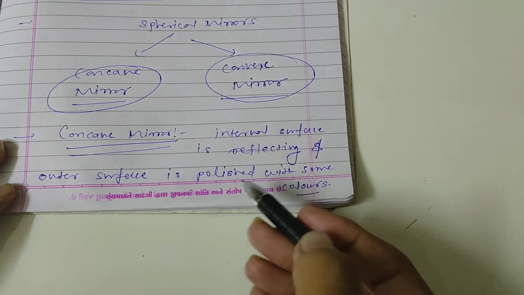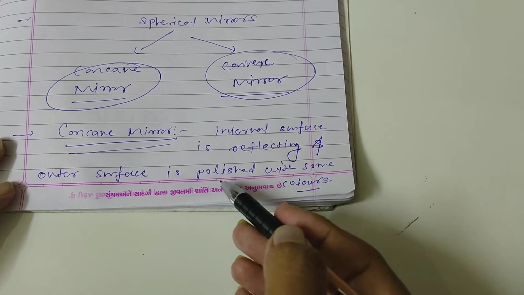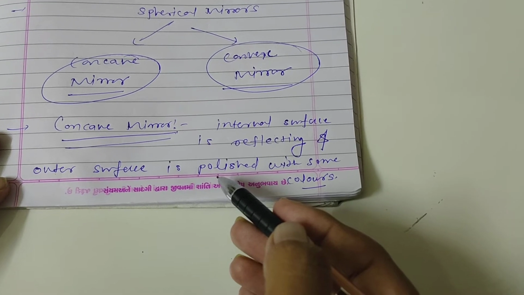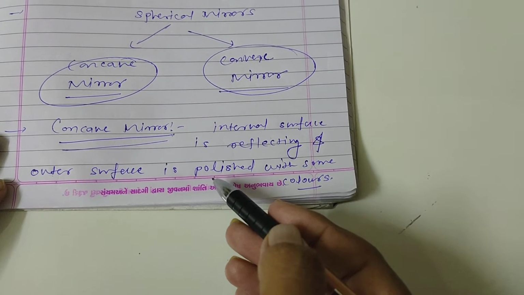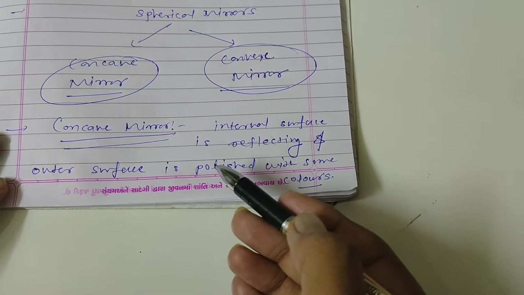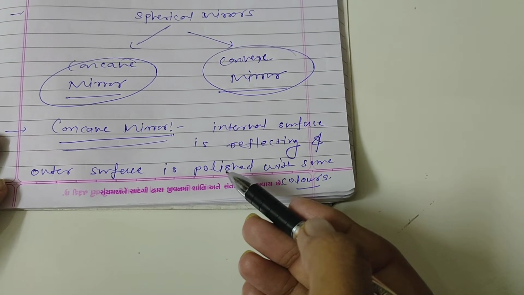Because if we do not polish the surface, then it becomes transparent. But to form the mirror, one end of the glass surface which is cut from the spherical glass must be polished with any color.